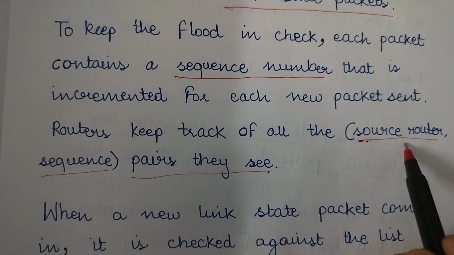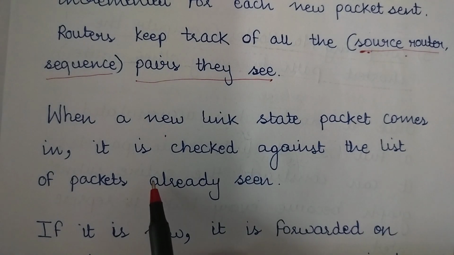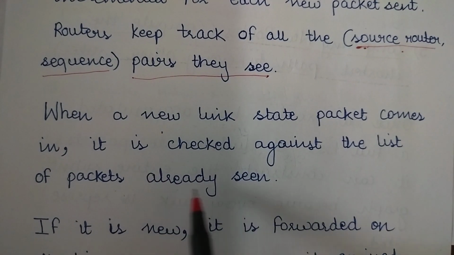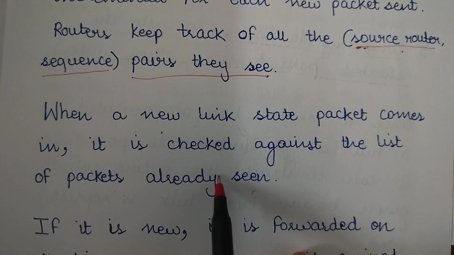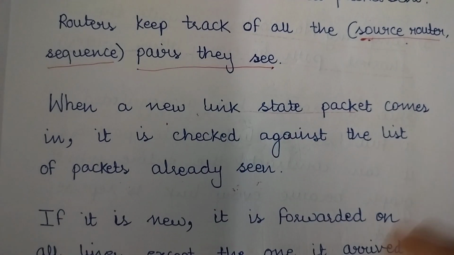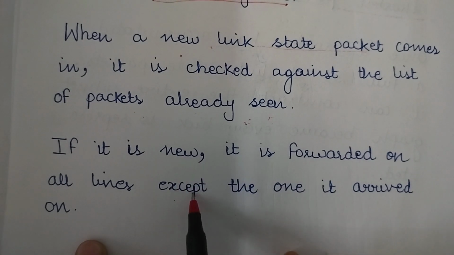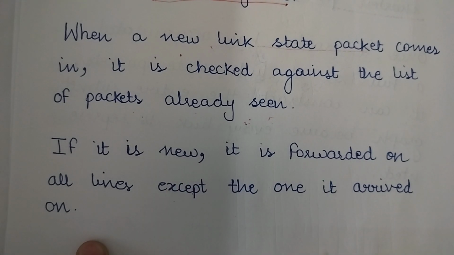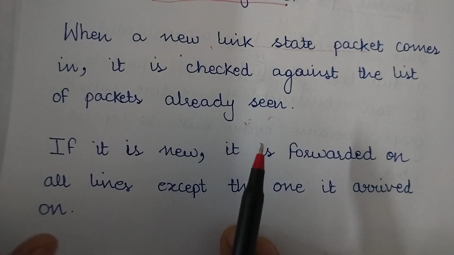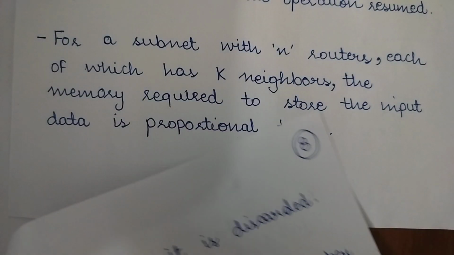When a new link state packet comes in, it is checked against the list of packets already seen. If it is new, it is forwarded on all lines, obviously except the one it arrived on. You cannot send it back on the same line it arrived on. That means it is forwarded to all the routers except the one from which it arrived.